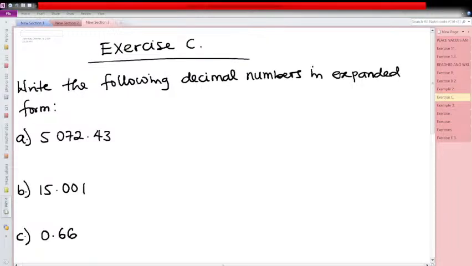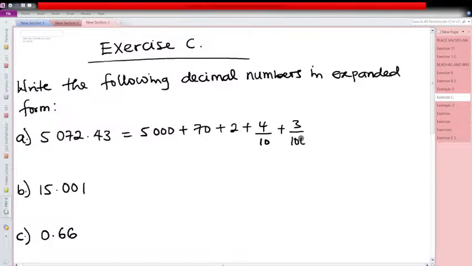Exercise C, that you should write the following decimal numbers in expanded form. So you have to write them in expanded form like I just did for you in the first example. So this will also be equal to 5,000 plus 0, 100, 70 plus 2 plus 4 over 10 plus 3 over 100.